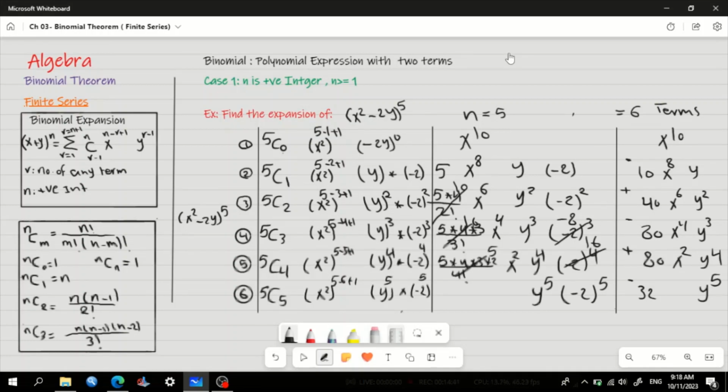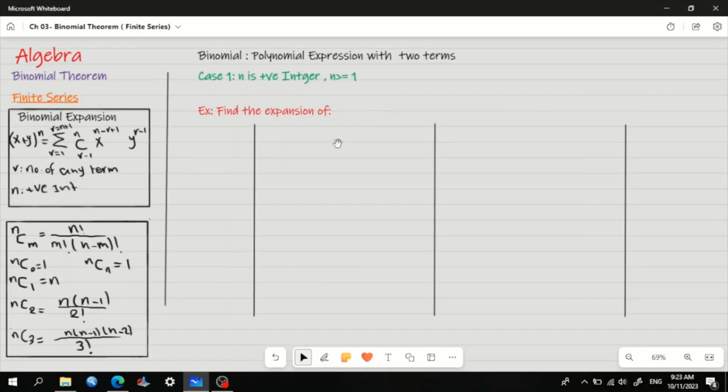Okay, let's clear. Next example, here we have 2t minus 1 by square root of t, and this power 4. So n here equals to 4. So the number of terms is 5 terms.